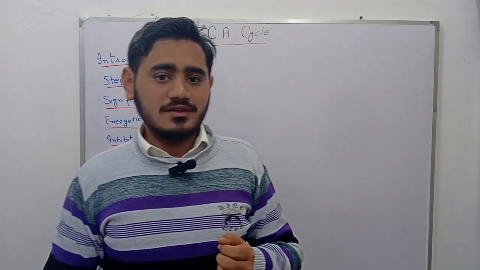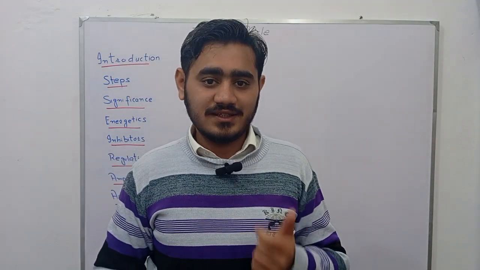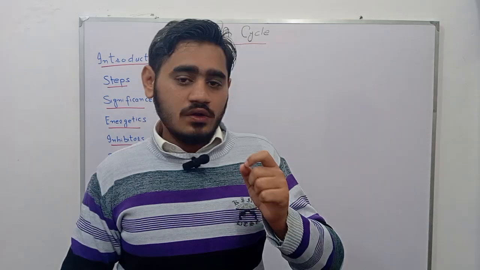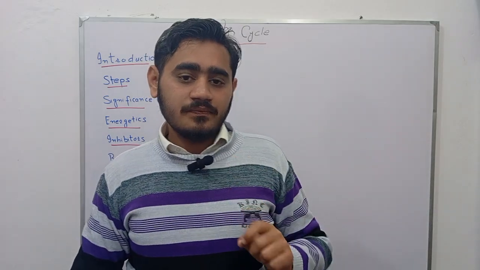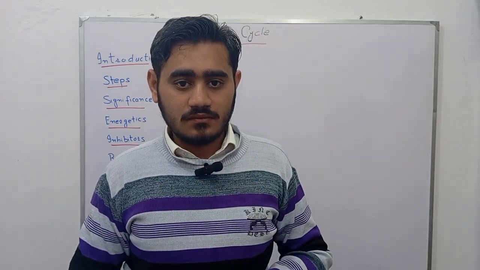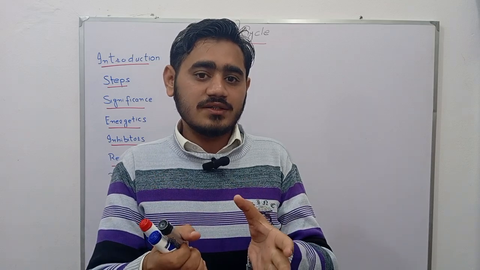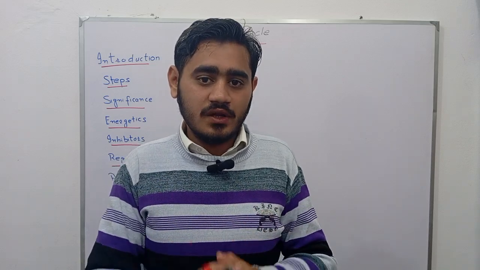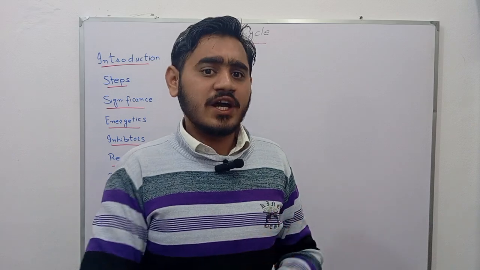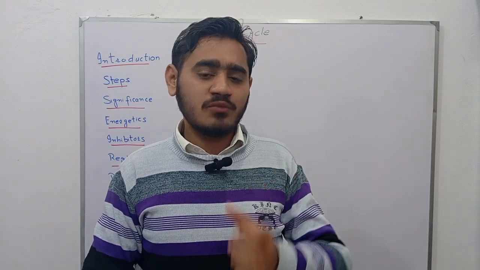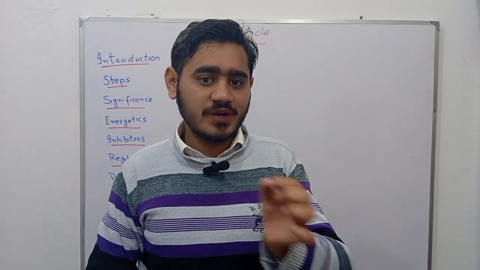First of all, the introduction of the TCA cycle. Friends, this TCA cycle was described by Sir Hans Krebs, and he got the Nobel Prize in 1953. So another name of the TCA cycle is the Krebs cycle.